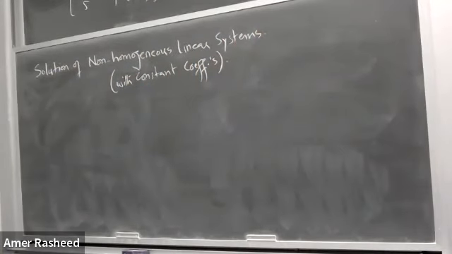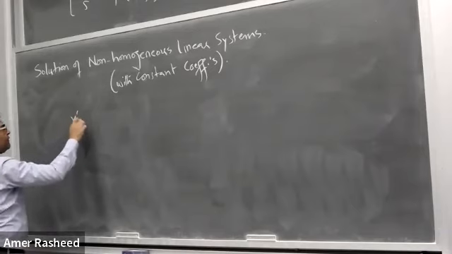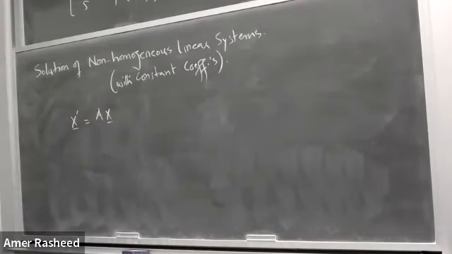Previously we discussed how to solve homogeneous linear systems by finding their eigenvalues and eigenvectors, and then there were different cases if the eigenvalues are real and distinct, real and repeated, and complex.